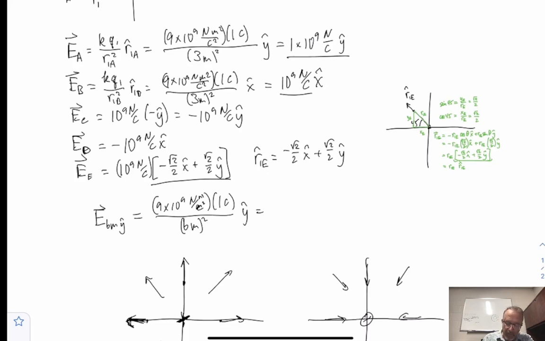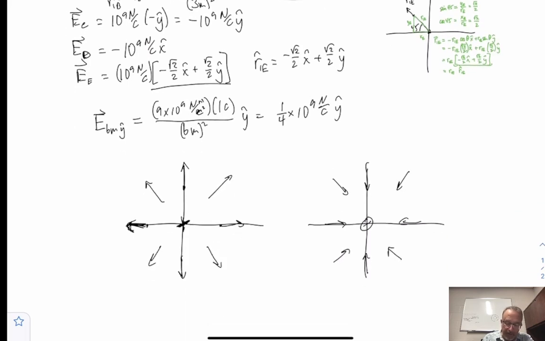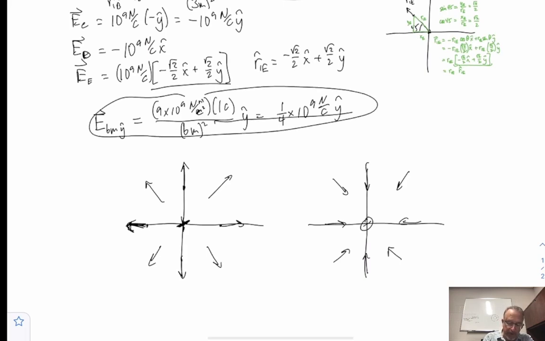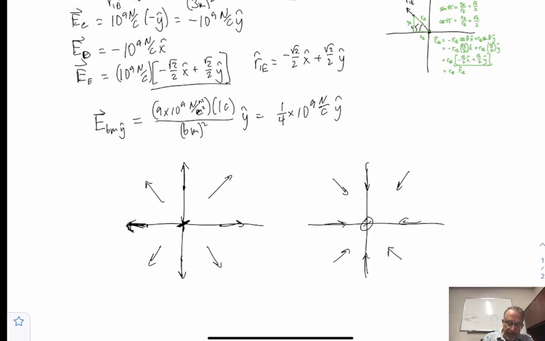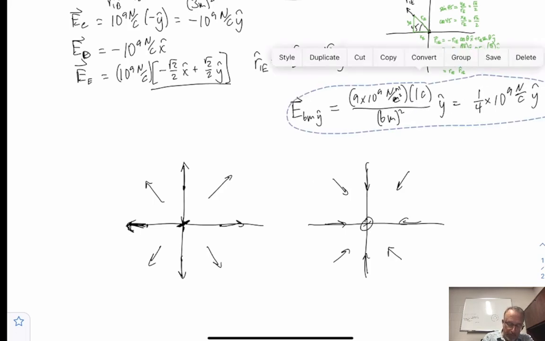So this would be 1/4 times 10 to the 9 newtons per coulomb y-hat. And in fact, everywhere I evaluated that along that 6 meter circle, it gives me 1/4 of the magnitude.